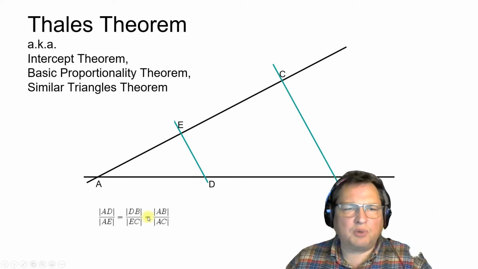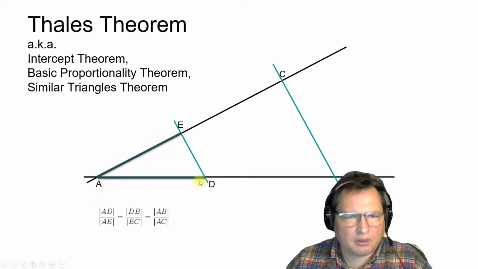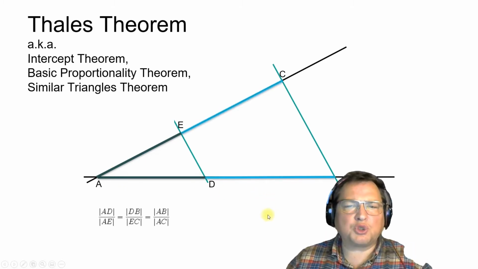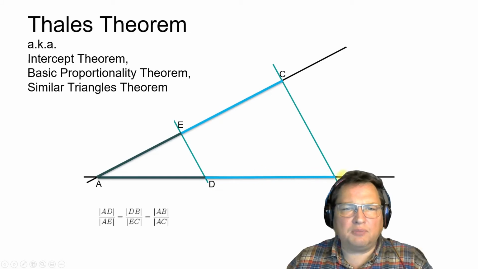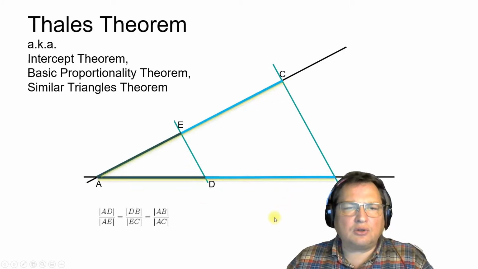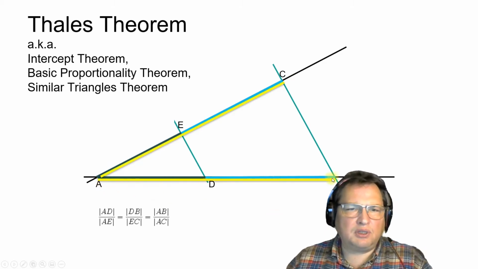For example, the AD edge over AE edge, so this kind of a proportion in the smaller triangle, is equal to the proportion between this segment here, DB, and this segment here, EC, and also the longer segment AB here and AC here.